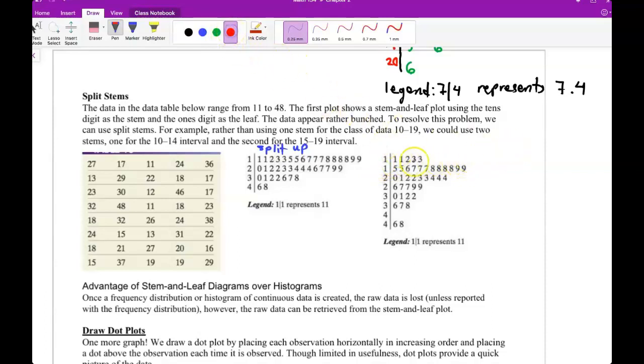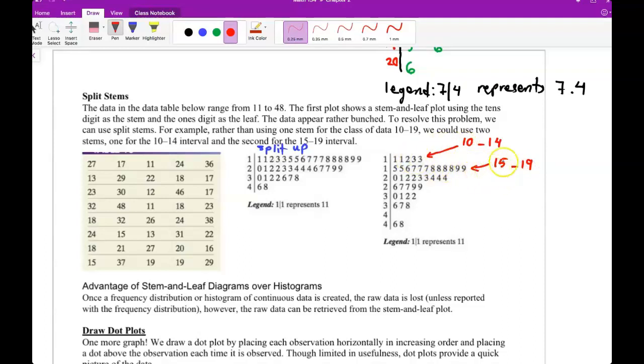So how can we decide how many numbers go on top and how many go on the second part? This one is the class starting from 10 to 14, that is actually 14.999. Then here is 15 to 19.